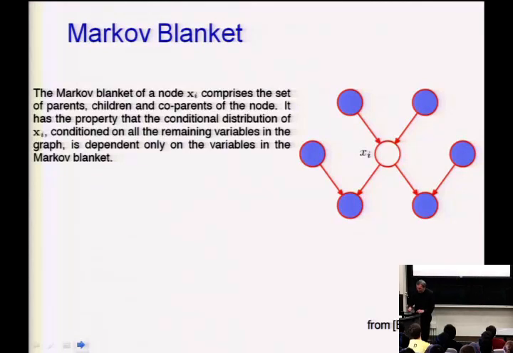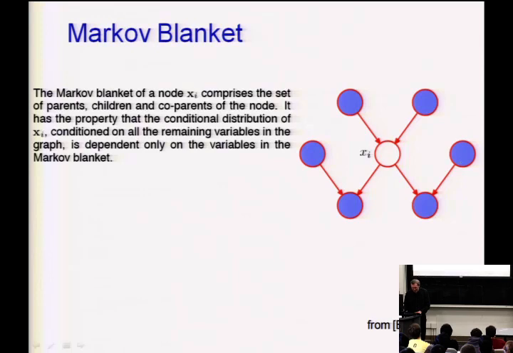And the Markov blanket is precisely the set of the node's parents, immediate children, and co-parents. Co-parents meaning the other side of a collider that the node might be pointing at.